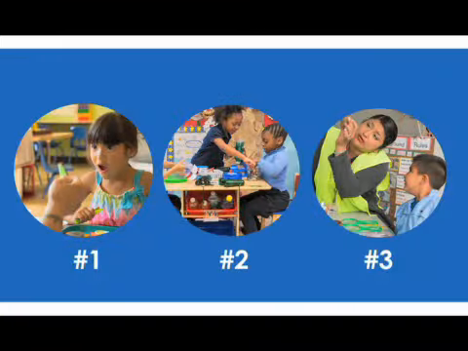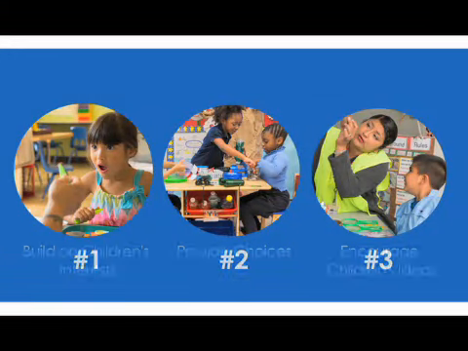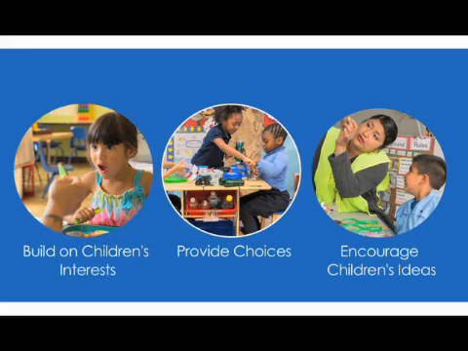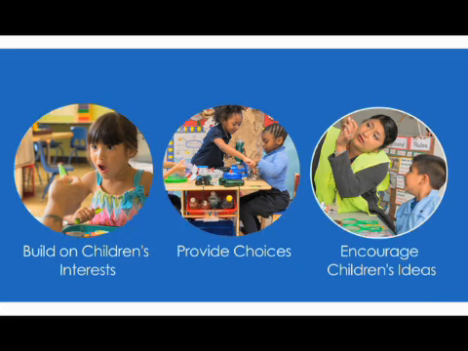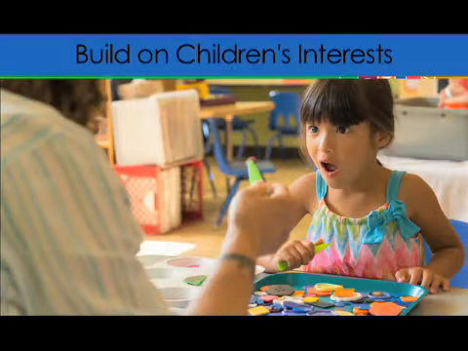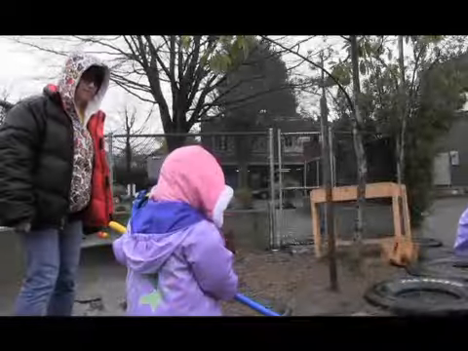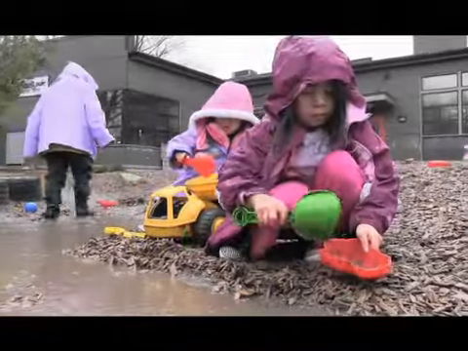We'll talk about the 3 ways to follow the children's lead. Build on children's interests. Provide choices. Encourage ideas. How can a teacher build on children's interests? First, the teacher watches and listens carefully in order to know what captures children's attention.